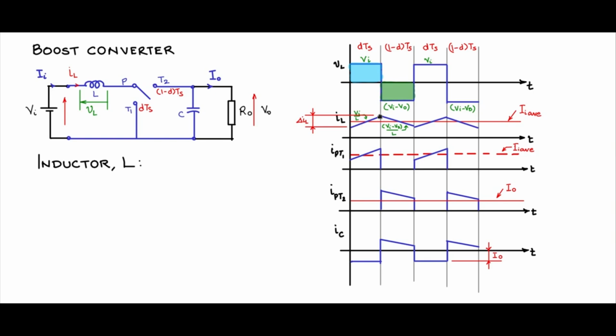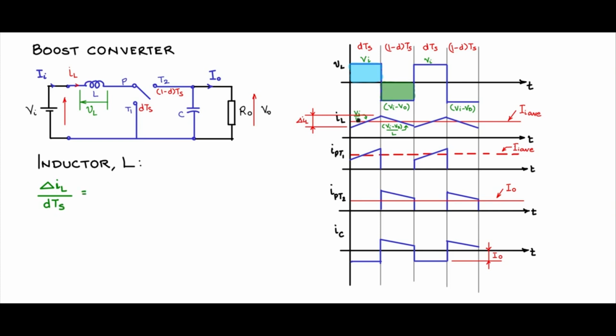So we will use Faraday's equation, V is equal to L di by dt, and we know the slope of this is Vi by L. We have written here (Vi minus V naught) by L for this part of the slope. So consider that during this DTs period, there is a change of delta IL. So di by dt will be delta IL by DTs.